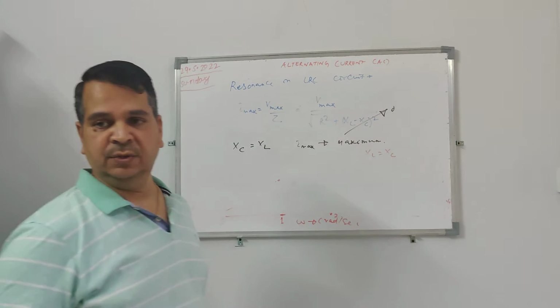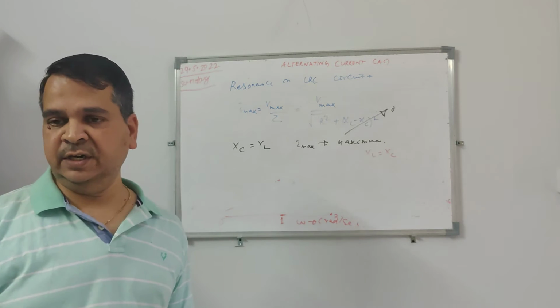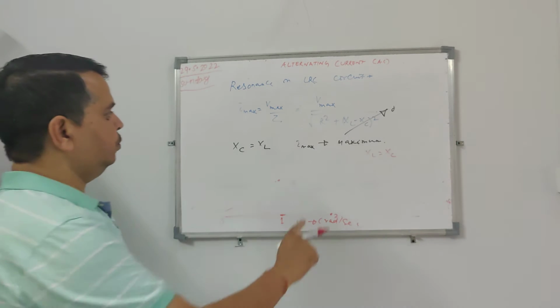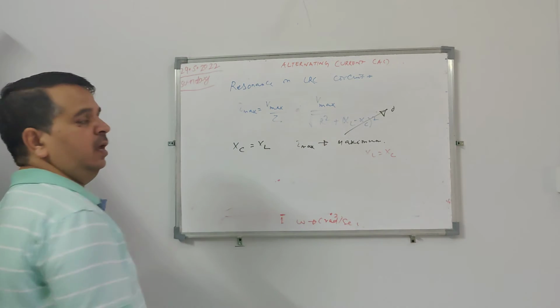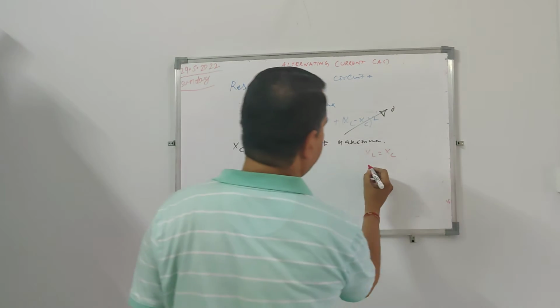So the question will be what is the resonating frequency. When XL is equal to XC, the current will be maximum. So when does that happen?